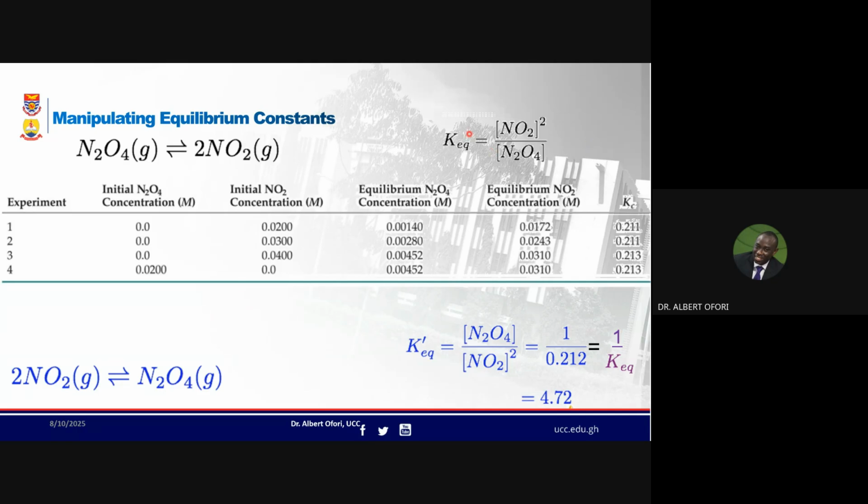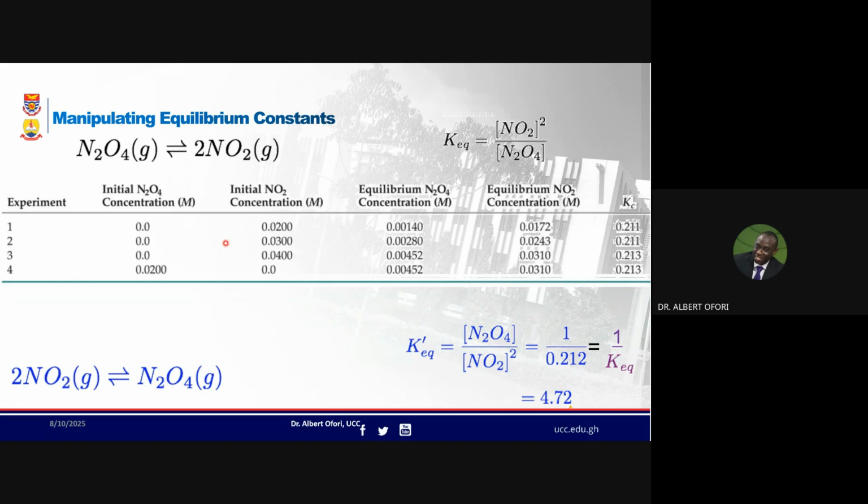Now let's take the first one. We said that for the equilibrium constant, we use equilibrium concentration, not initial concentration. I'm sure you remember. So let's put in these values and see if we can get the K for that.